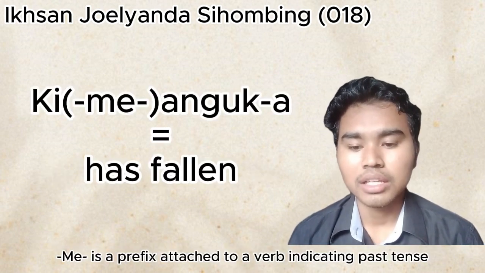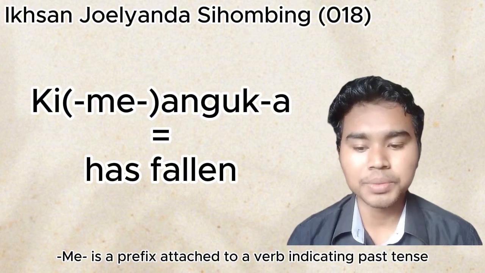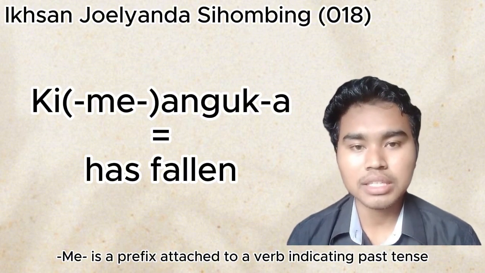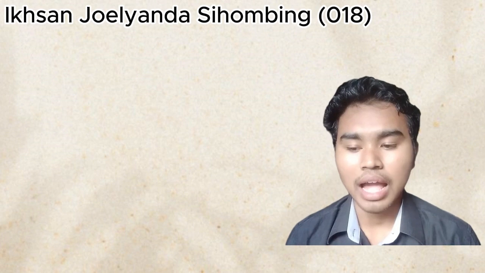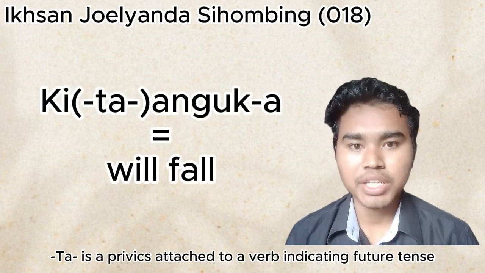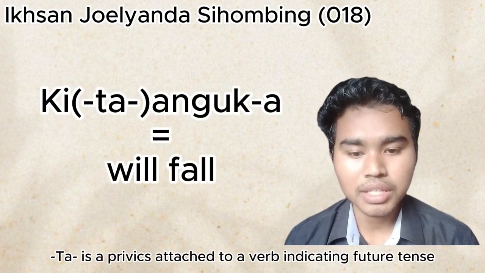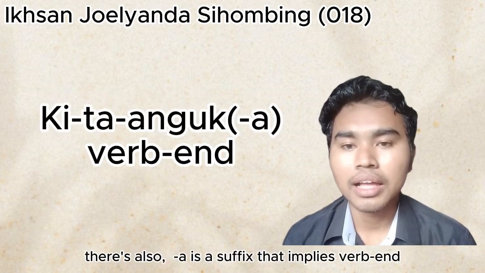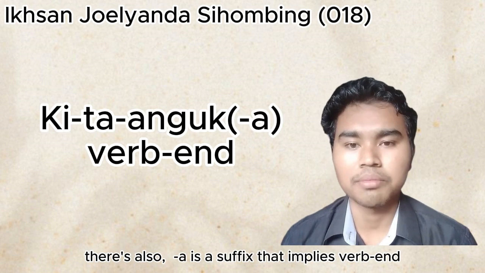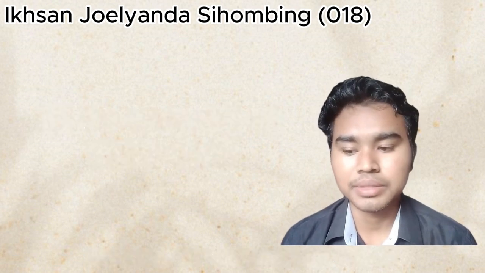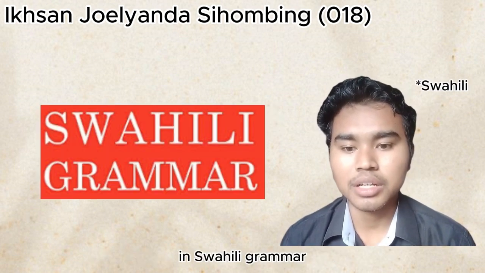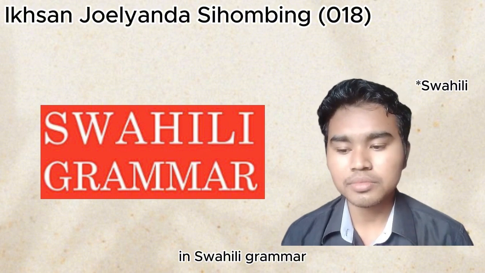Me is a prefix attached to a verb indicating past tense. Ta is a prefix attached to a verb indicating future tense. There's also a, which is a suffix that implies the verb end in Swahili grammar.